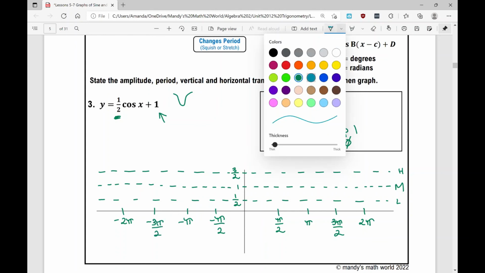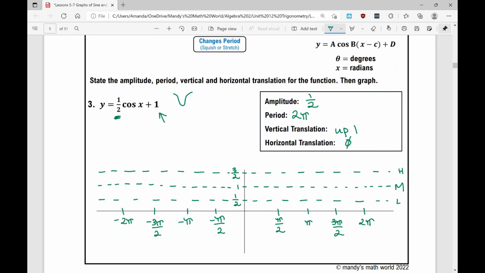Recall that your cosine function will start at the high point. So if this is my midline at 0, my high point is going to be up here at 3 over 2. Moving to pi over 2, I'm at the midline. At pi, I'm down to the low line. At 3 pi over 2, I'm back to the midline. And at 2 pi, I'm up at the high line.